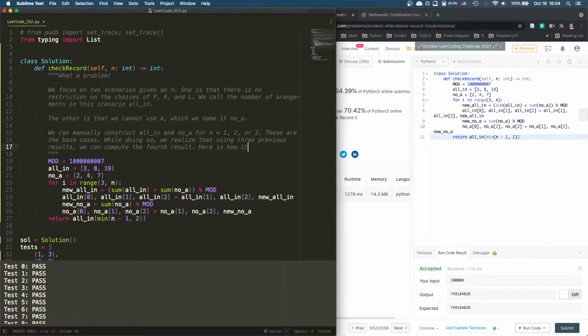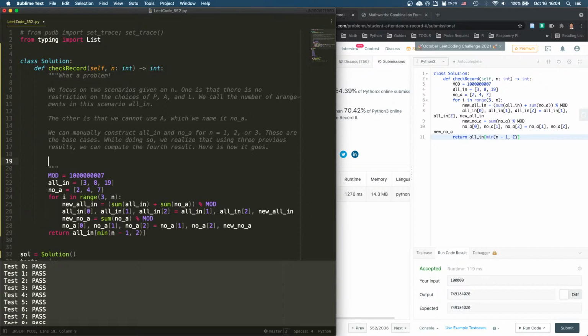Here is how it goes. To compute the new all in with length n, we can put P at the first position.